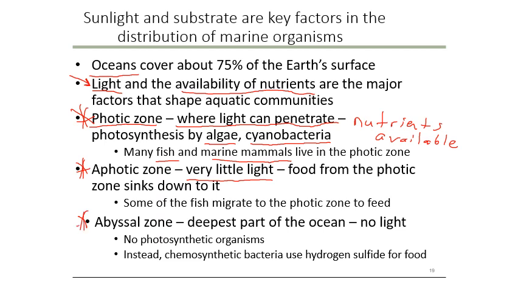And then the abyssal zone, this is the deepest part of the ocean. There are no photosynthetic organisms, but instead there are chemosynthetic bacteria. They're using the hydrogen sulfide that the vents let out, and so these chemosynthetic organisms are using those resources.